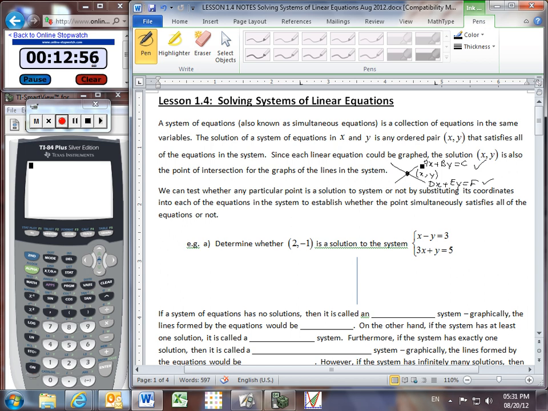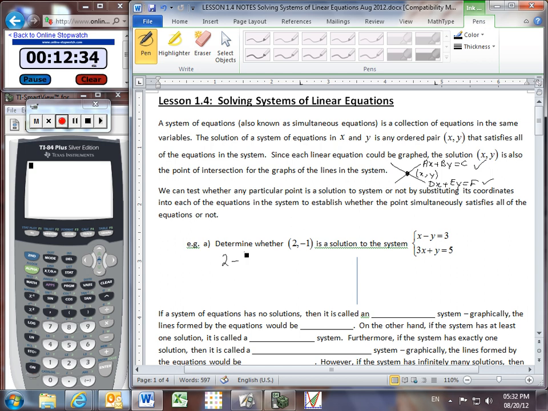Now we can test whether a particular point is a solution to a system by seeing whether this point does actually satisfy both equations. Let's look at an example of this. Is 2 comma negative 1 a solution to this system? Let's see. So first I'm going to substitute the 2, negative 1 in for the x and the y.